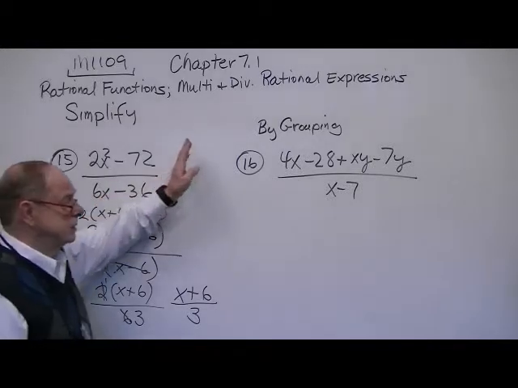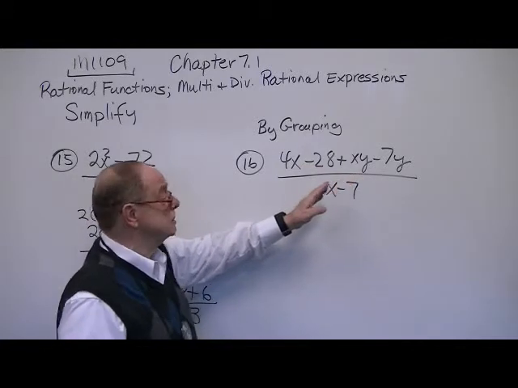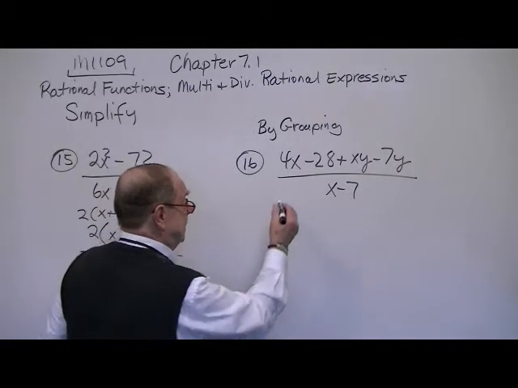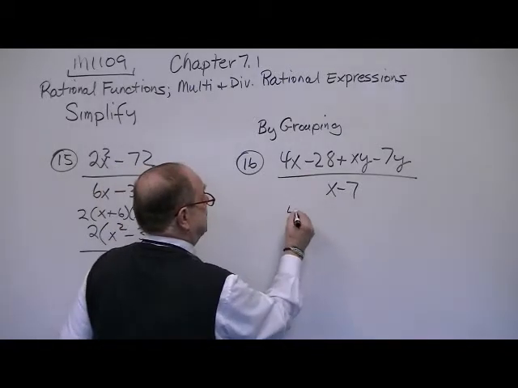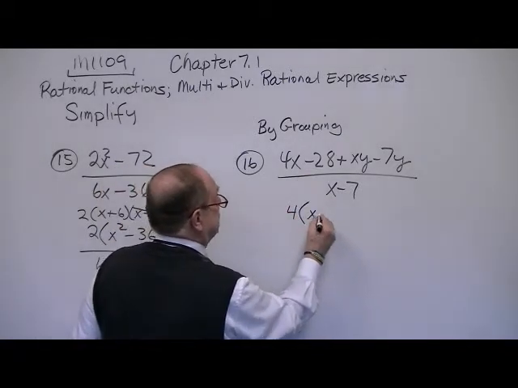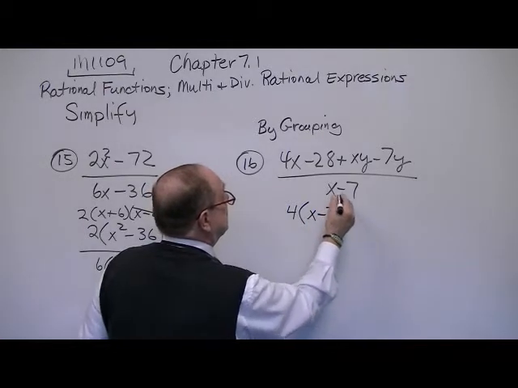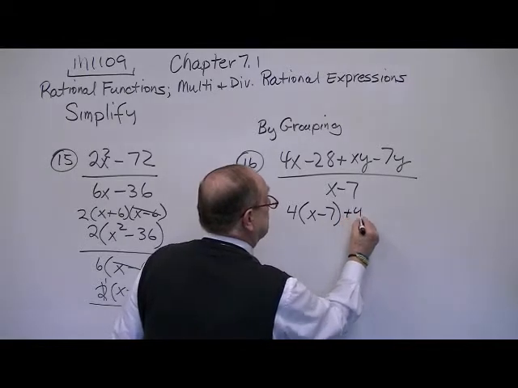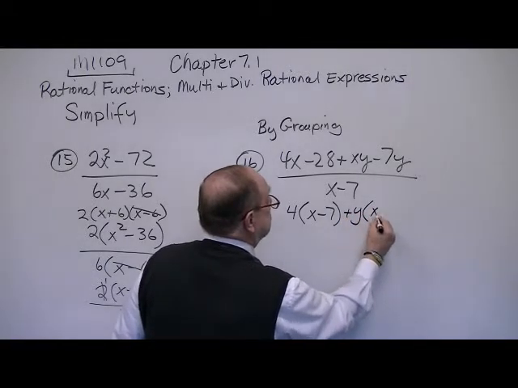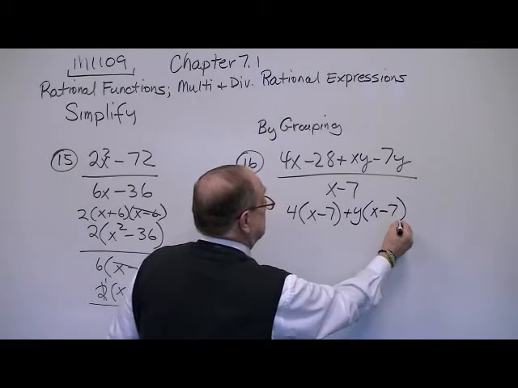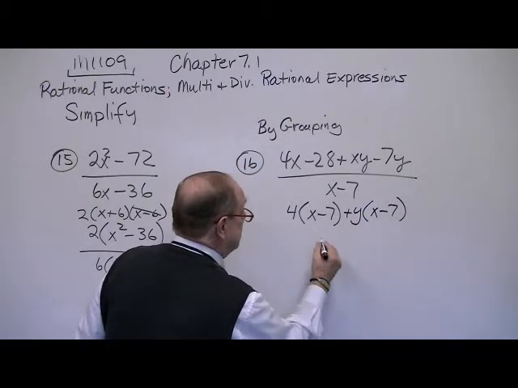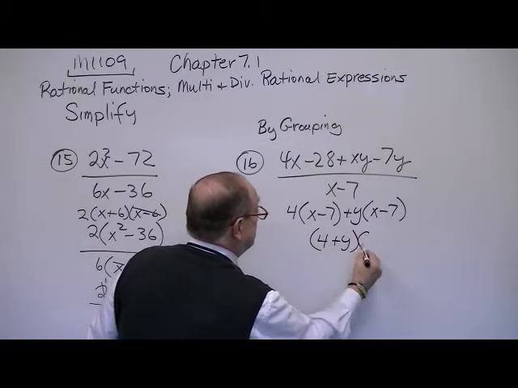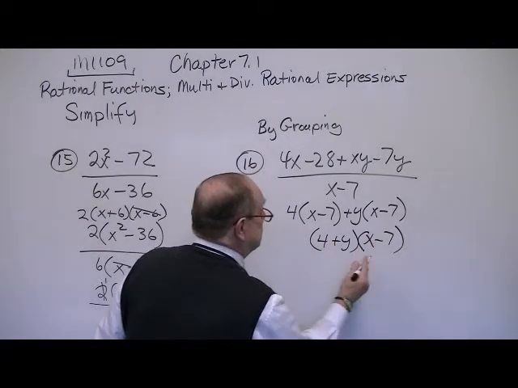In this next one, they want you to factor the 4 terms in the numerator by grouping. Again, we did that earlier as well. Here we're going to take a 4 out, and we get x minus 7. Here we're going to take a y out, and we get x minus 7, which will become 4 plus y over x minus 7.